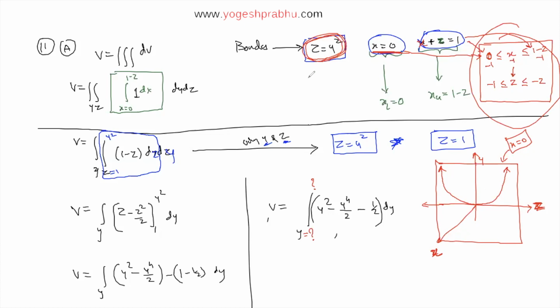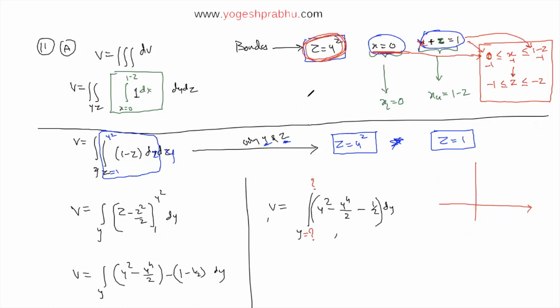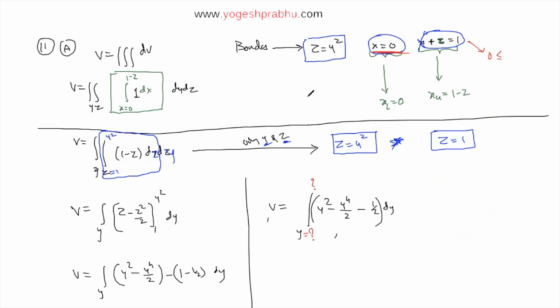How is this parabola symmetric? I don't know. 1 minute. Y square equal to 4ax is this parabola. When it is y square, it is symmetric about the x-axis. Sorry, when it is z equal to y square, it is symmetric about the z-axis.